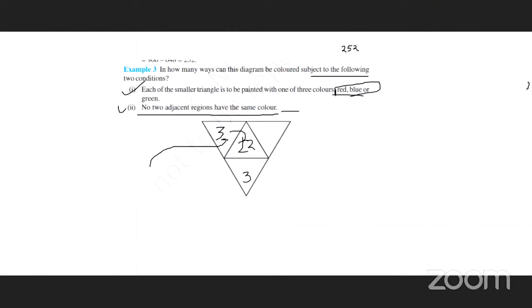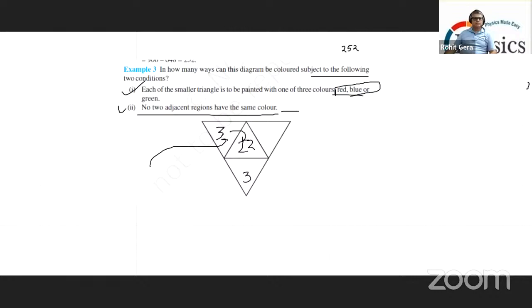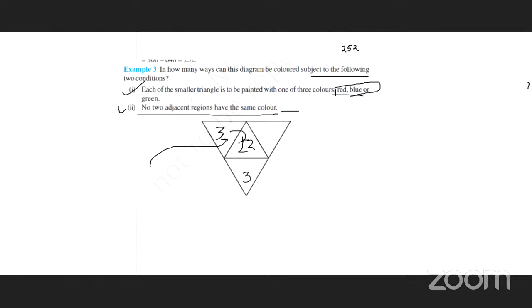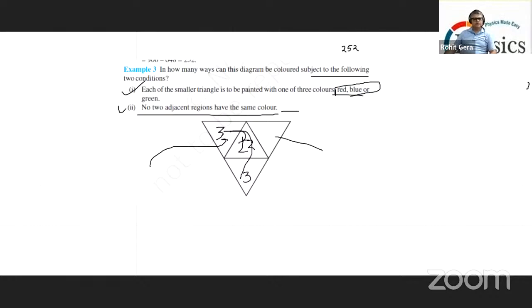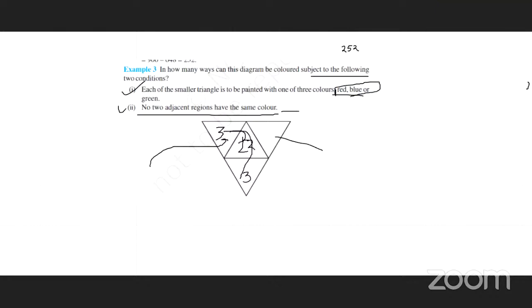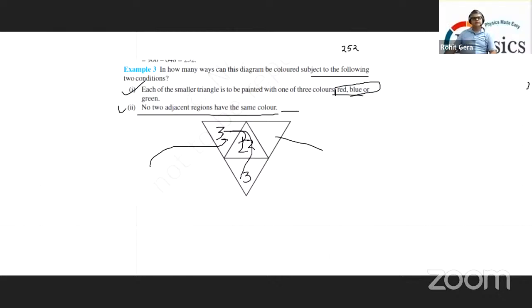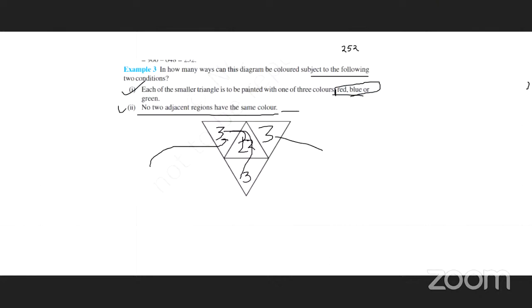So 6 into 3, 18. Okay, what happens to this place? Yes, we included this too. 6 plus 6 is 12, 12 plus 6 is 18. If you use one, so 3 here also. Yes, why not?